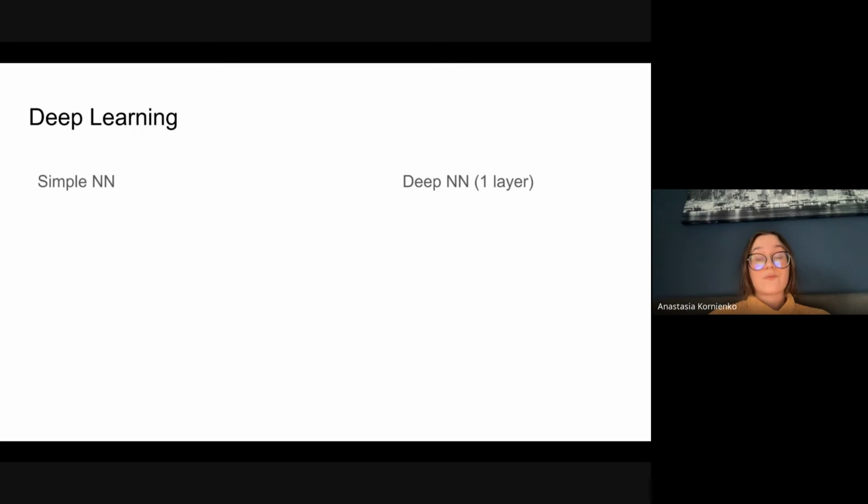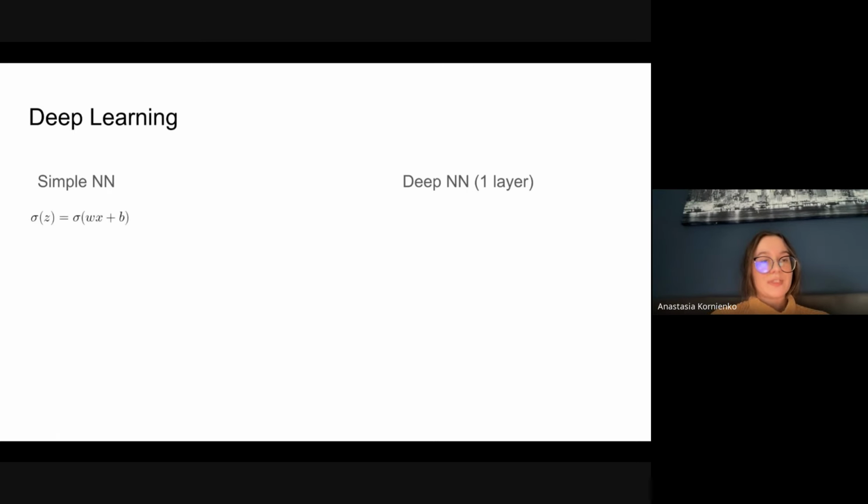So let's divide the process of transforming the simple neural network algorithm into the deep neural network algorithm. I try to divide it into small steps, but reasonably small steps, because it would take too much time if I told you all the details, and I want to make it in time.